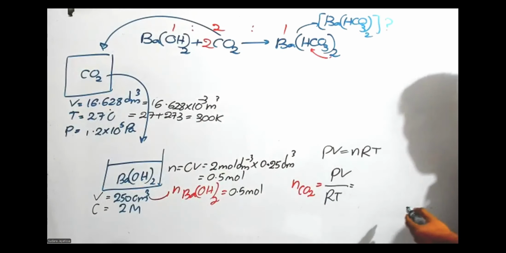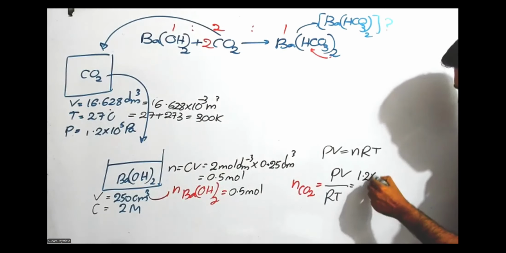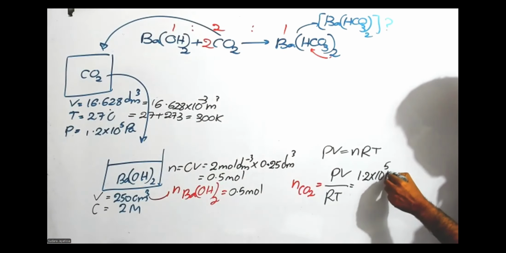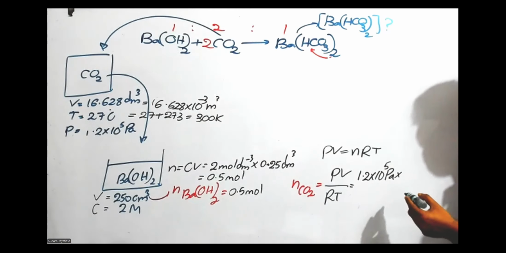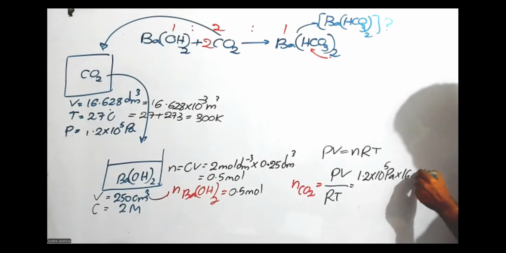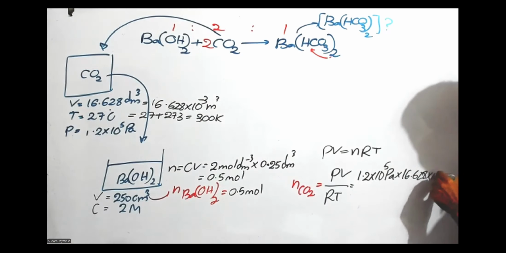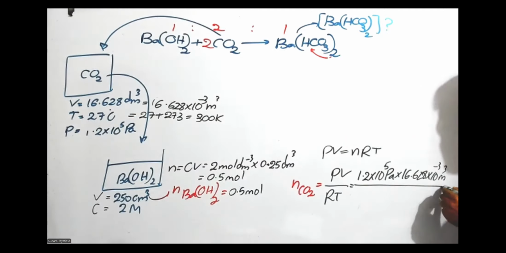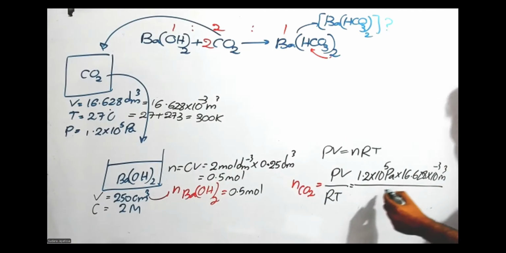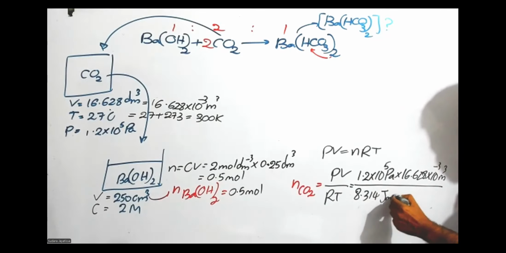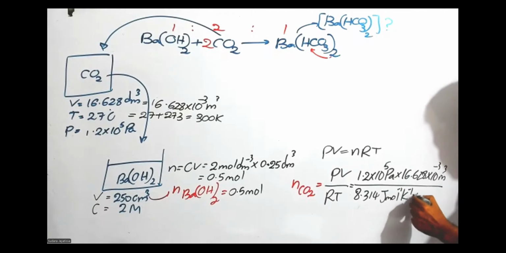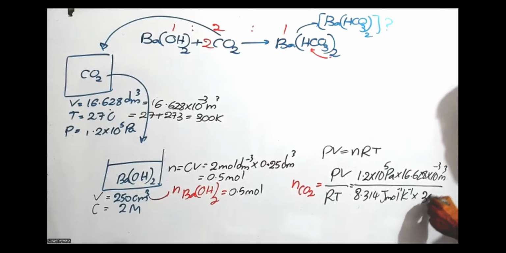Now if you apply that data, 1.2 times 10 to the power 5 Pascal, or you can say Newton per square meter, times volume 16.628 times 10 to the power minus 3 meter cube, and then divide this by R value 8.314 joule per mole per Kelvin, and divide by temperature 300 Kelvin.